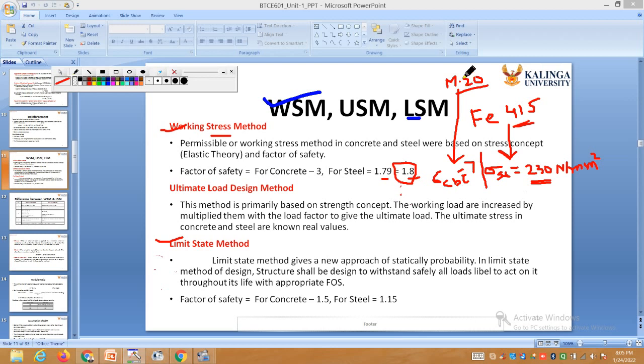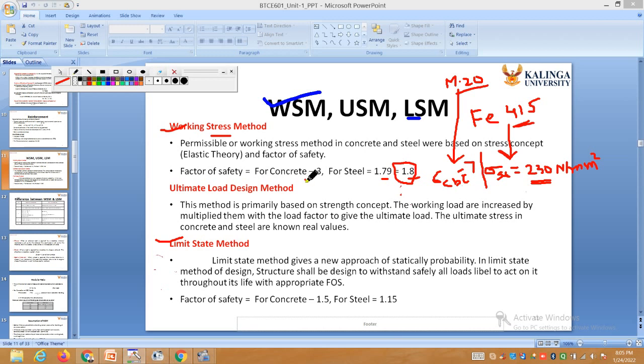So the actual characteristic strength of concrete for M20 grade is 20 megapascal. But the IS code is recommending only 7 megapascal to choose. So what is the factor of safety applied by the designer? 3. 20 divided by 7, 7 3s are 21.